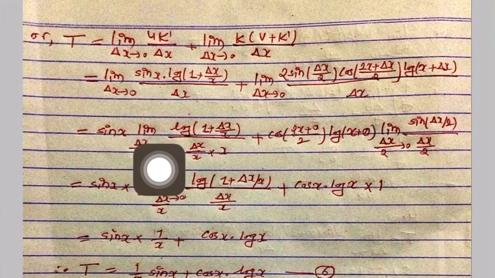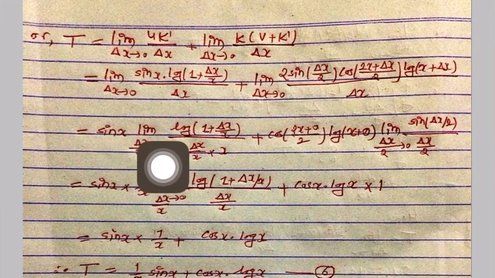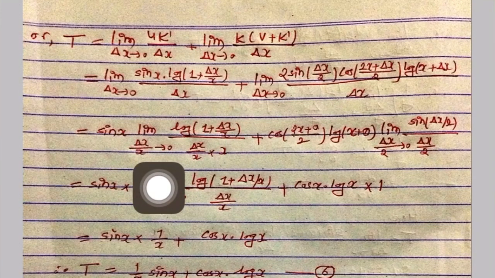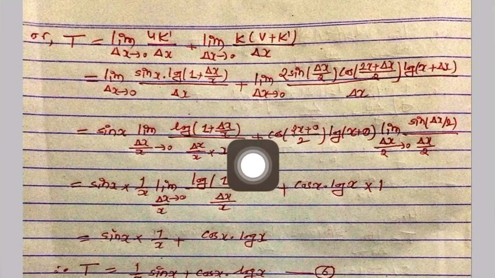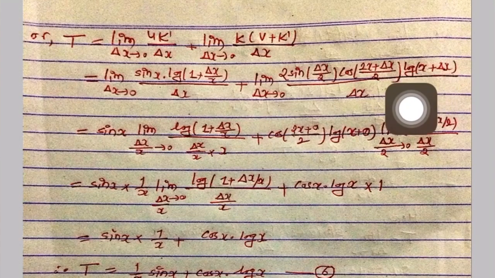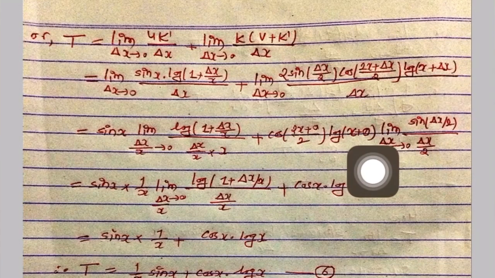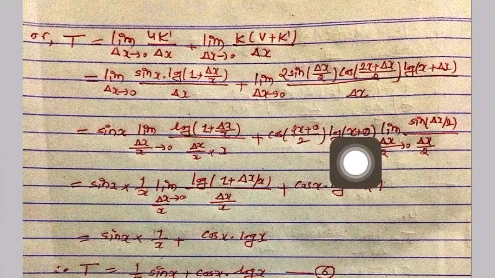And this sin x is independent of del x, so it is taken out from the limit, and inside there is limit del x divided by x tends to 0 of log of 1 plus del x by x into x. Plus, here cos of 2x plus del x by 2 is also taken out from the limit, and log of x plus del x is also taken out by using del x tends to 0.